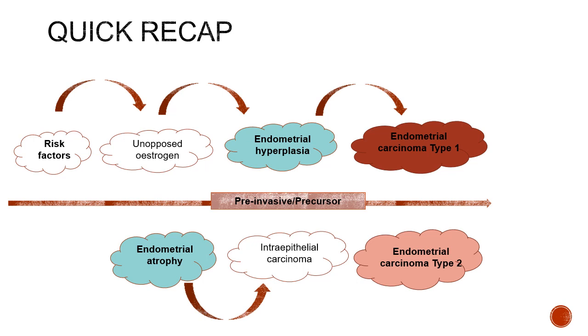Okay, so before we end part 2 of this lecture, I would like to have a quick recap of what we have covered this time. So we have talked about endometrial carcinoma being of 2 types, type 1 and type 2, and we have discussed in detail the pathogenesis of type 1 endometrial carcinoma, which begins with the presence of the state of unopposed estrogen with its related risk factors leading to formation of endometrial hyperplasia. But we now know that endometrial hyperplasia can be with or without atypia, and without atypia has a low progression to cancer.